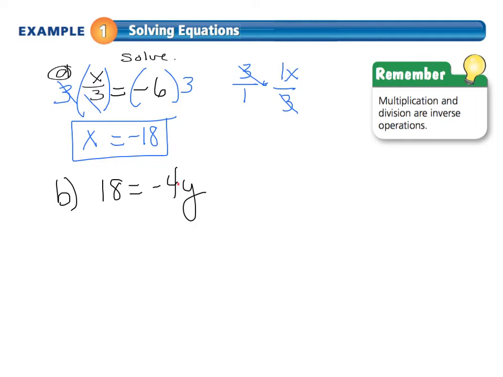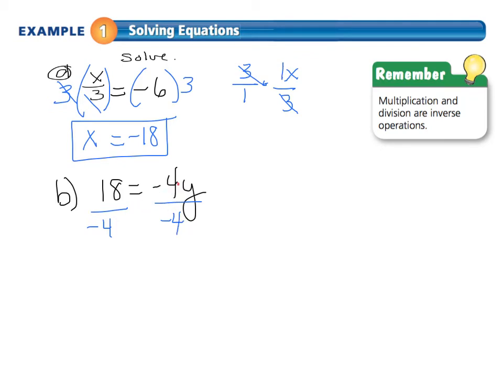I have to undo the multiplication. What's the inverse operation of multiplication? It is division. I always, and you always, should use like a fraction bar. If I divide the right by negative 4, I have to divide the left by negative 4. It is important that you are not dividing by 4, you are dividing by negative 4.